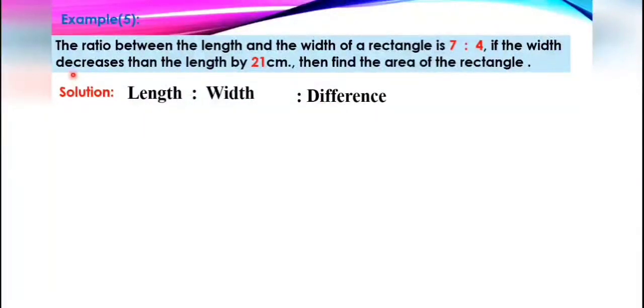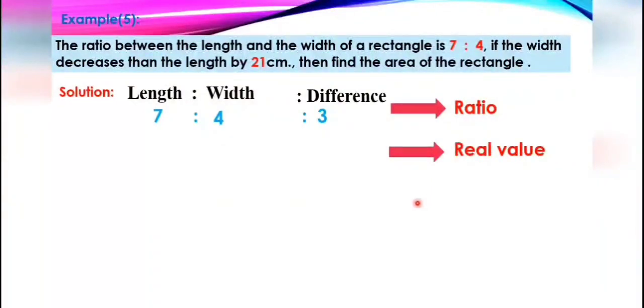Because I have here the word decreases, which means difference. It's one of the keywords of the word difference. And I will write the ratio in its order, 7:4. What about the difference? The greater minus smaller. 7 minus 4 is 3.